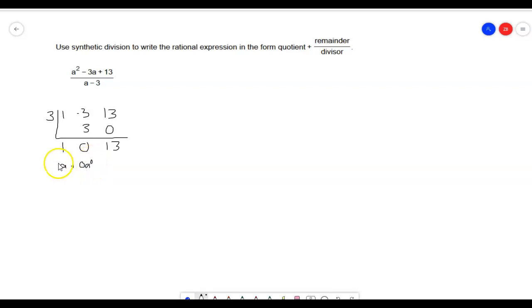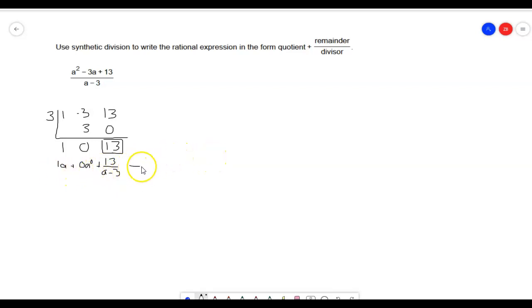So I'll say 1a plus 0a to the 0 plus 13 all over the divisor of a minus 3. So this is our remainder right here, the last number. Excuse me, the remainder, not the divisor, the remainder. This is the divisor on the bottom, and this is our quotient.